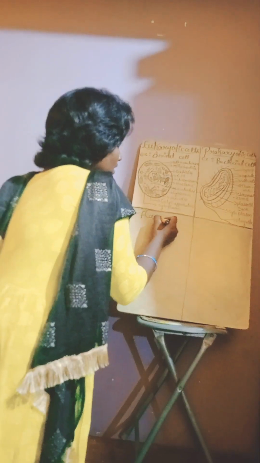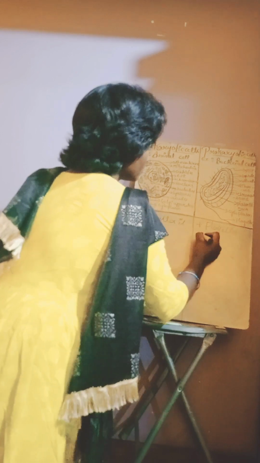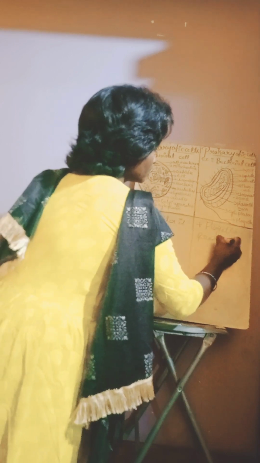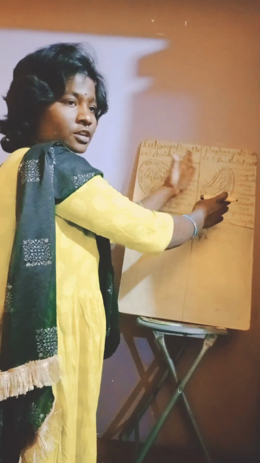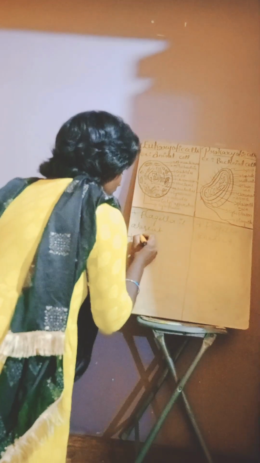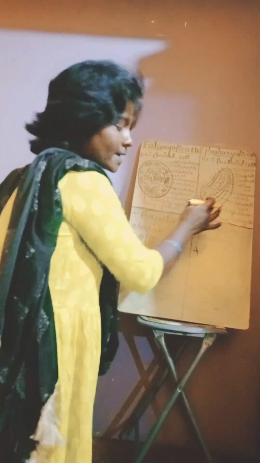So flagella is absent, whereas in prokaryotes flagella are present. Right. And also hair-like structures called pili are absent in case of eukaryotic cells, whereas in case of prokaryotes, hair-like structures called pili are present.